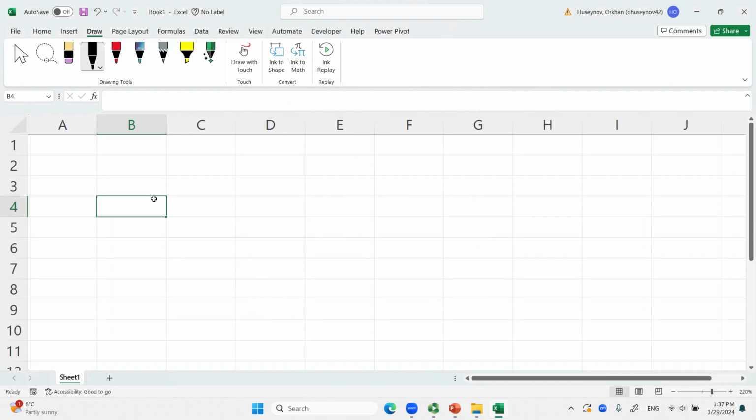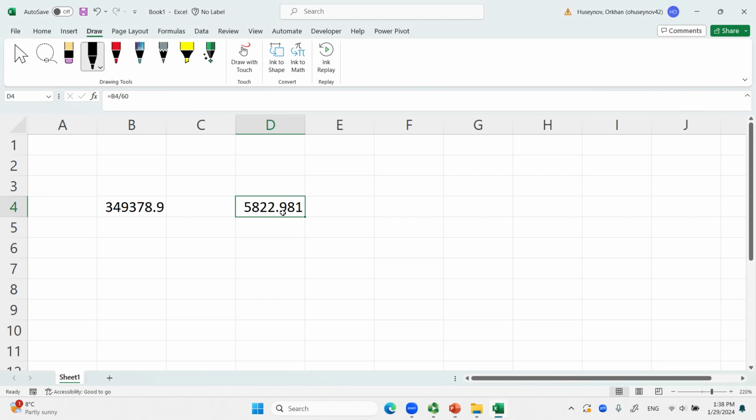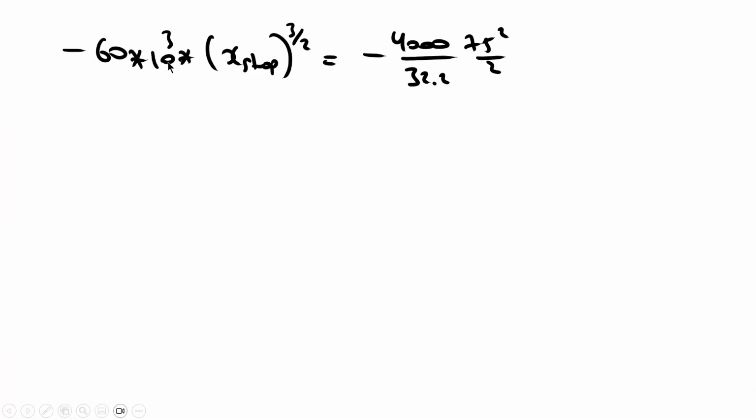First the right hand side: 4000 by 32.2 times 75 times 75 by 2, and then this divided by 60 times 1000.